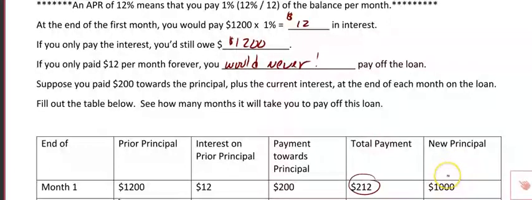Now on month 2, we would calculate the interest, and we'd write down the payment towards the principal, and keep doing this until we get down to no money left, a zero balance. So work on the next columns, or actually rows.